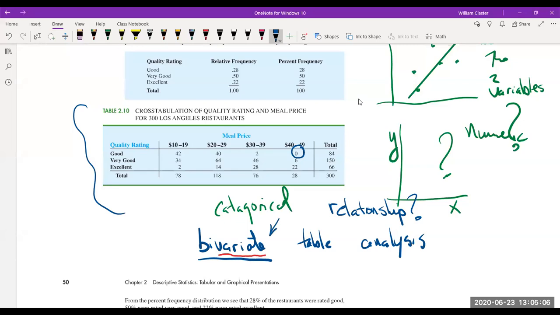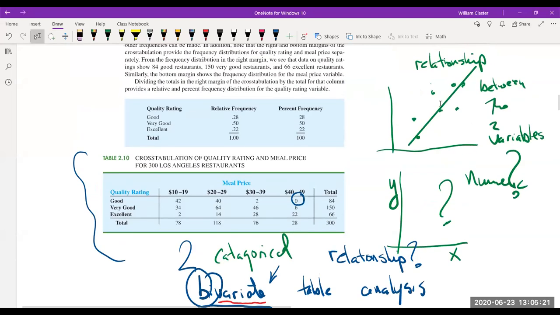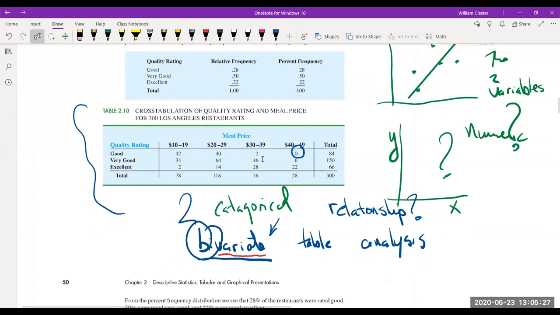Variate means variables, and bi means two. So it's called bivariate. So this is called a bivariate table, or we're doing bivariate analysis. This is also bivariate analysis because we have two variables. These happen to be numeric and these happen to be categorical, but we still have two, so we can still call them bivariate. Okay?